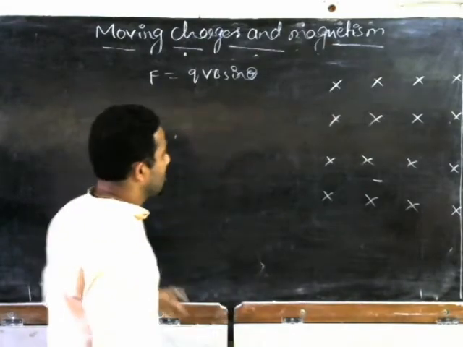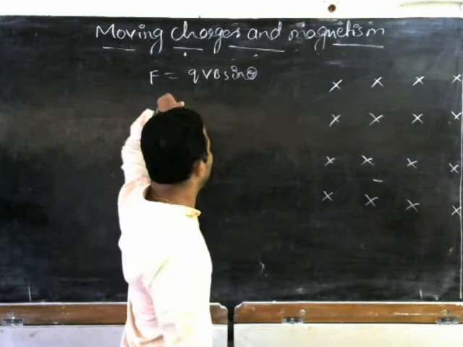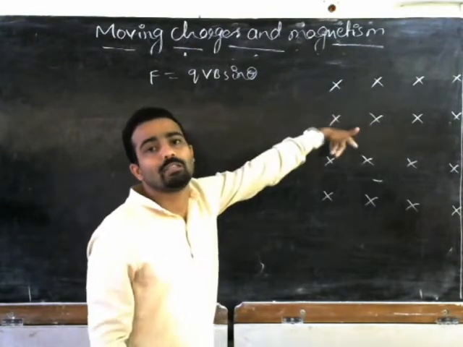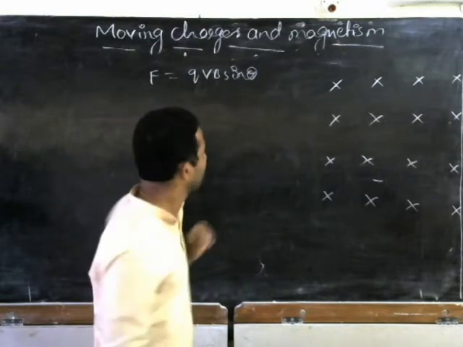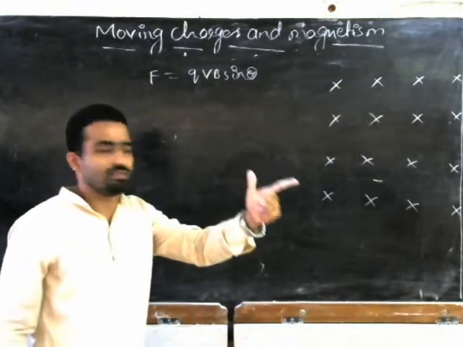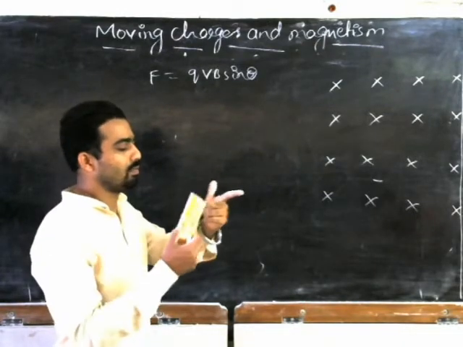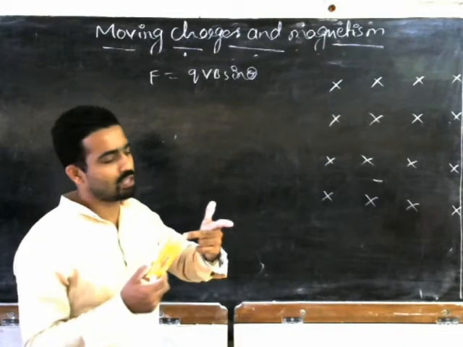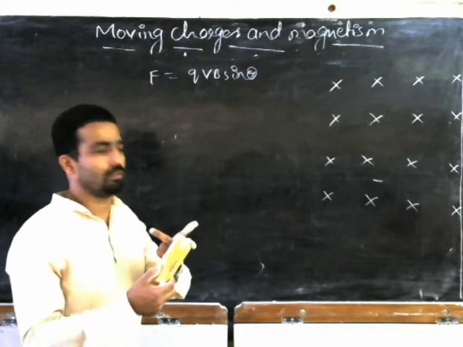Now this particle has entered here. In order to find the force acting upon that charged particle, we have to apply the Fleming left hand rule. So this indicates the direction of velocity of the charged particle, this indicates the direction of the magnetic field, and then the force.